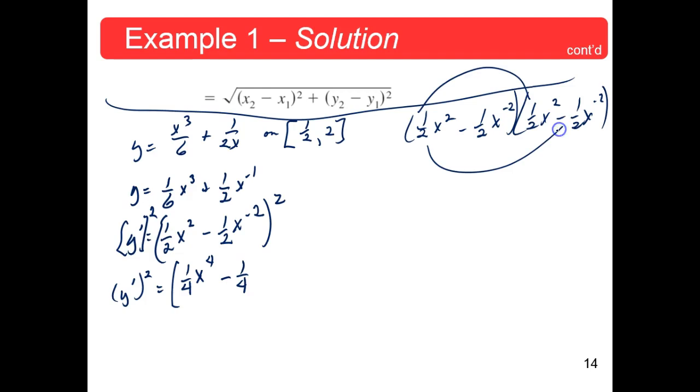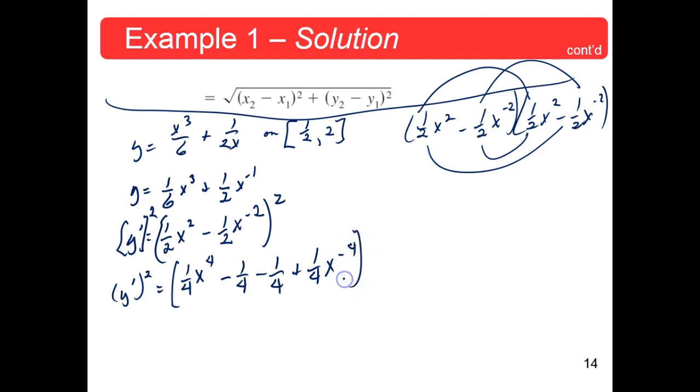And now you're doing this one. First, second? Yeah. And then this one would be? Yeah, another negative 1/4. And then finally the last one would be x to the minus 4th.